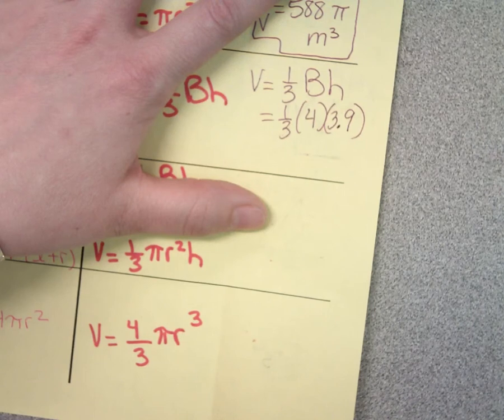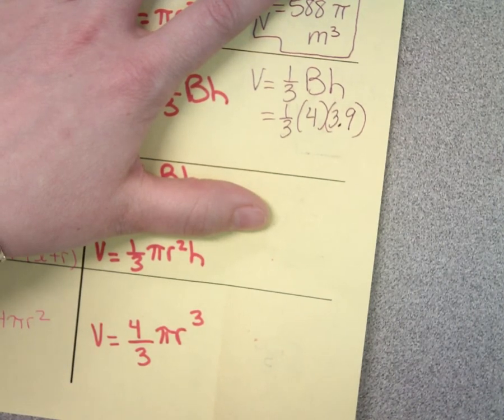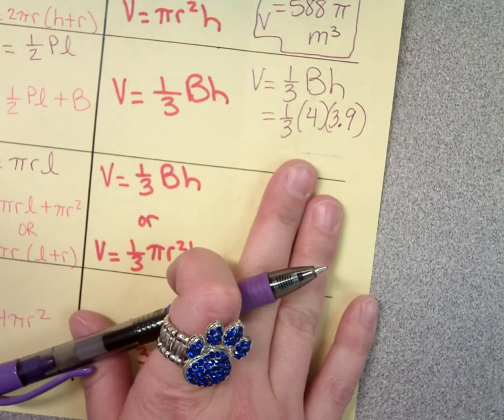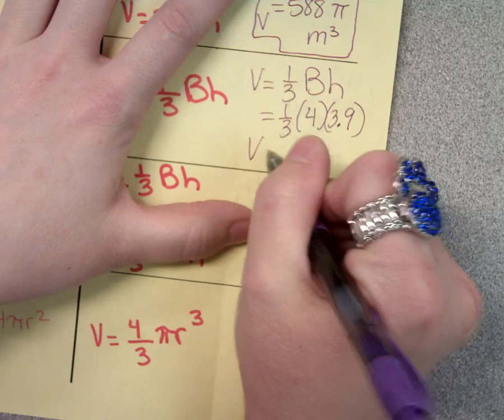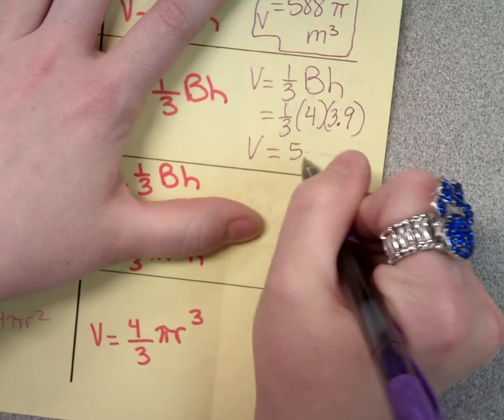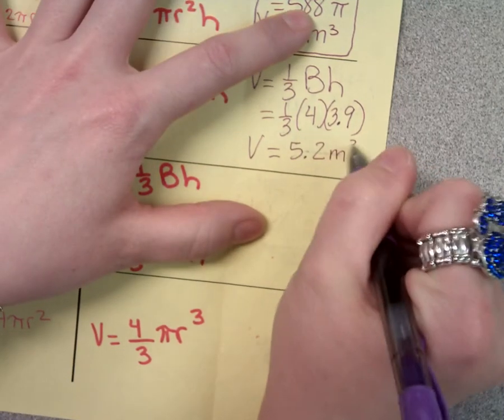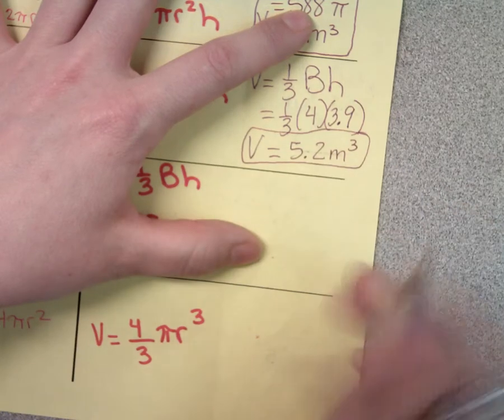So to the nearest tenth, what do you get if you work that out? 5.2. Good, 5.2. I'm going to keep it meters, and because it's volume, it would be meters cubed.